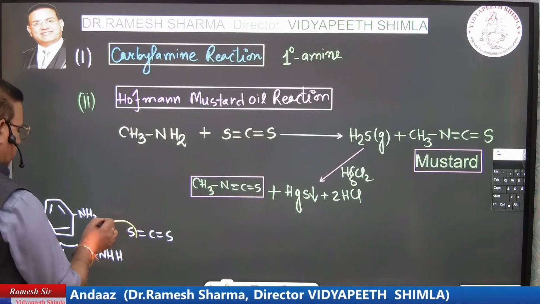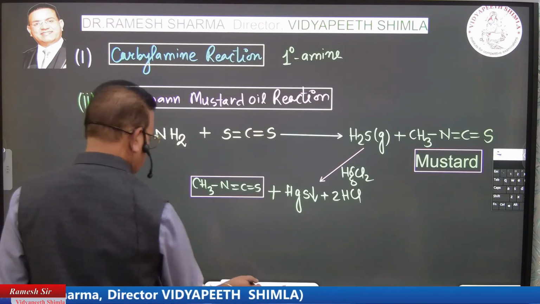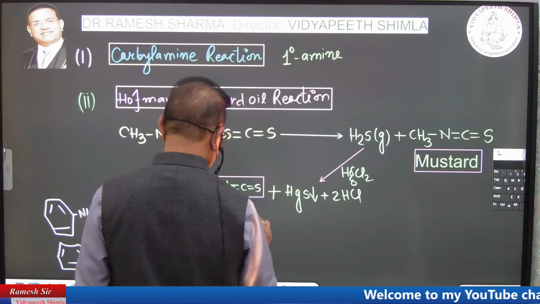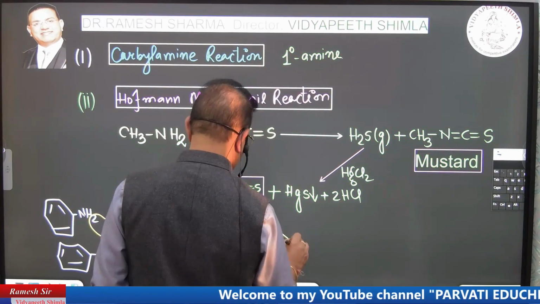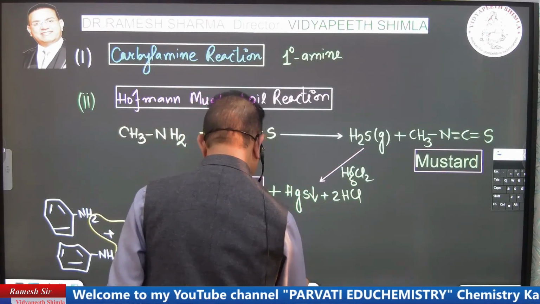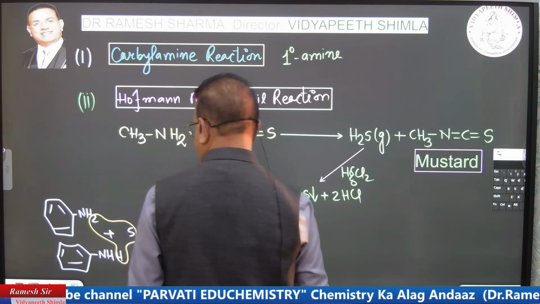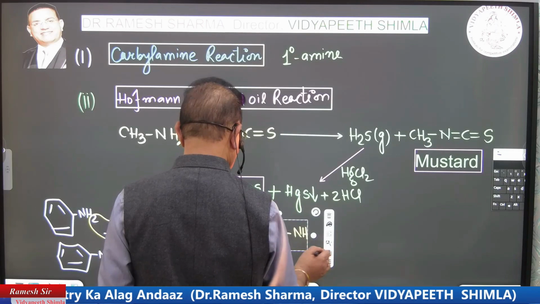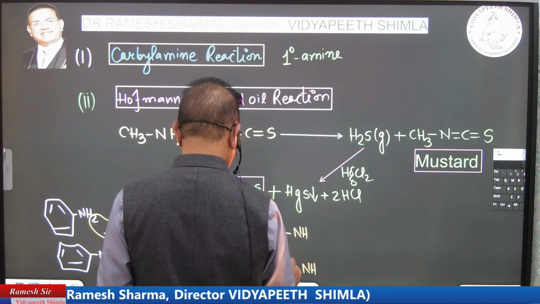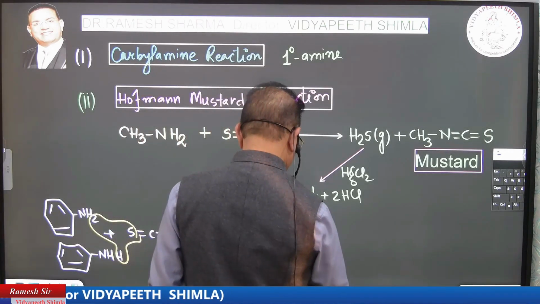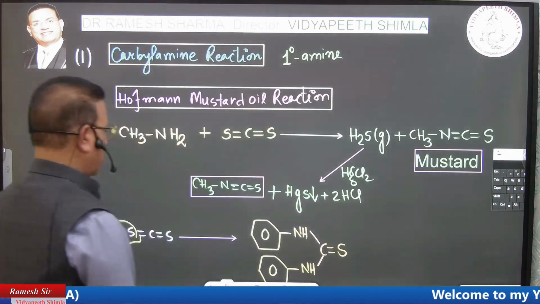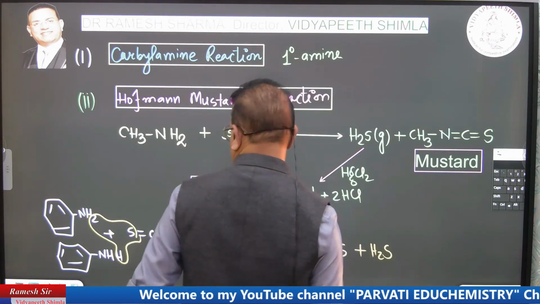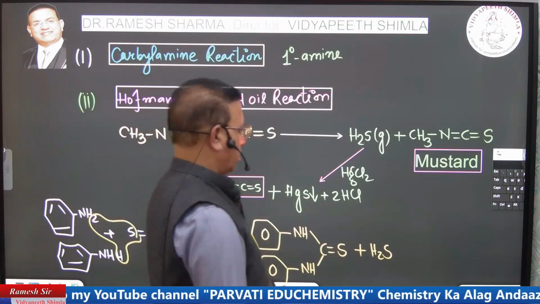So this and this, it means this will form thiourea, N,N'-diphenyl thiourea.